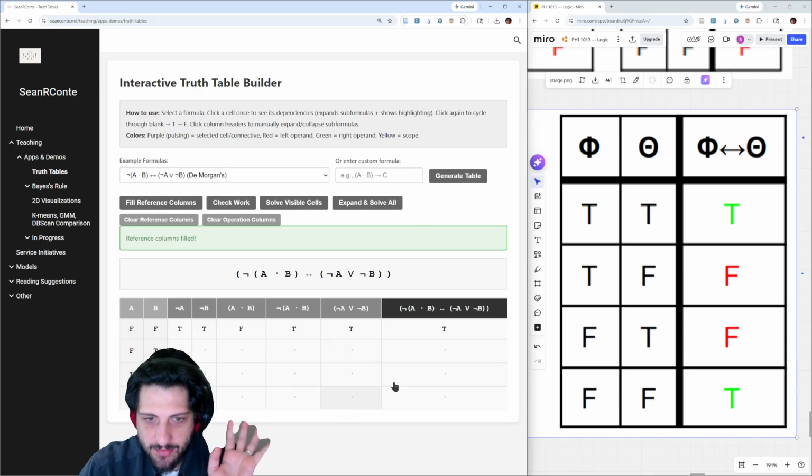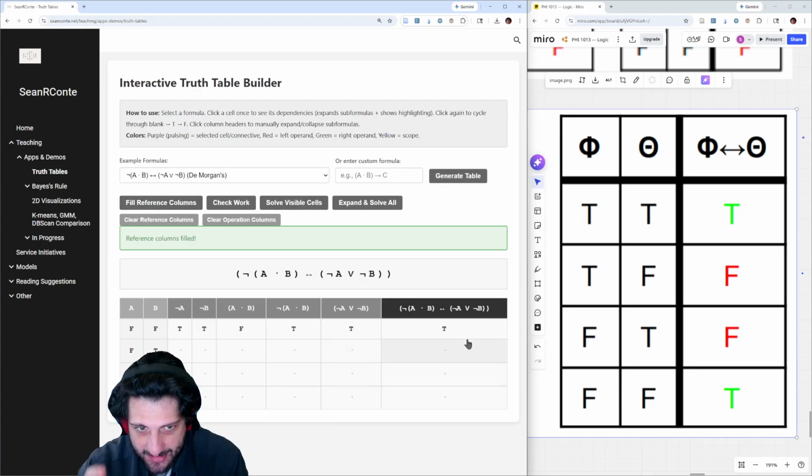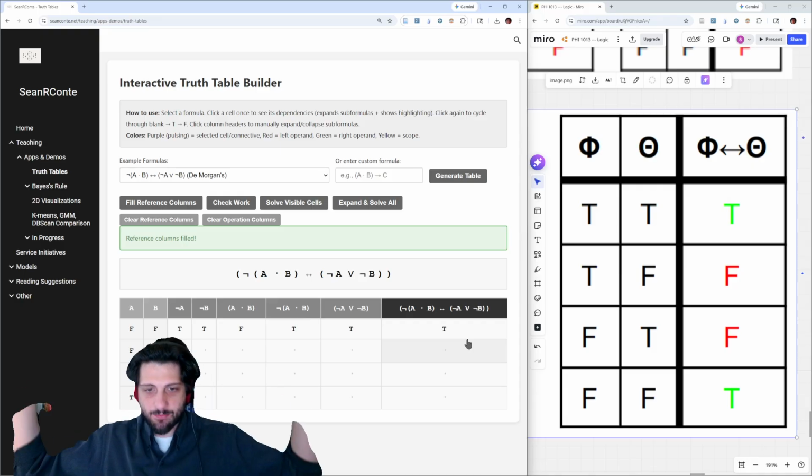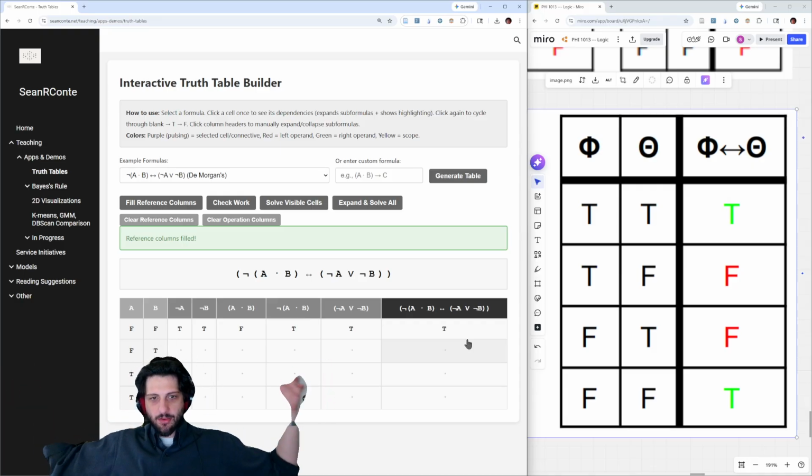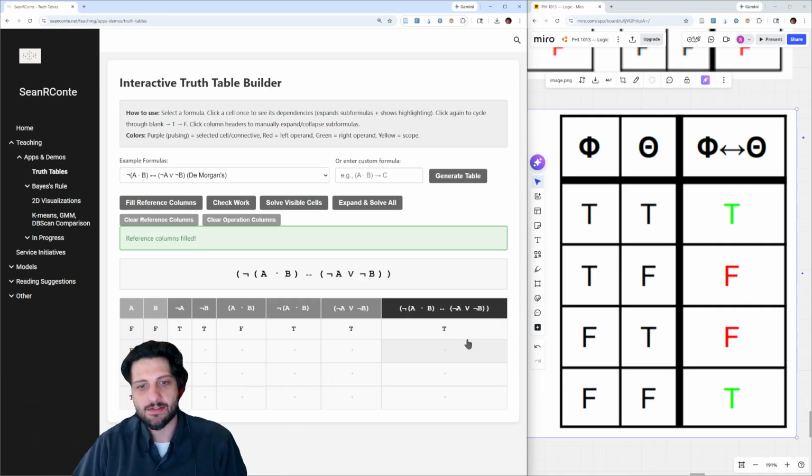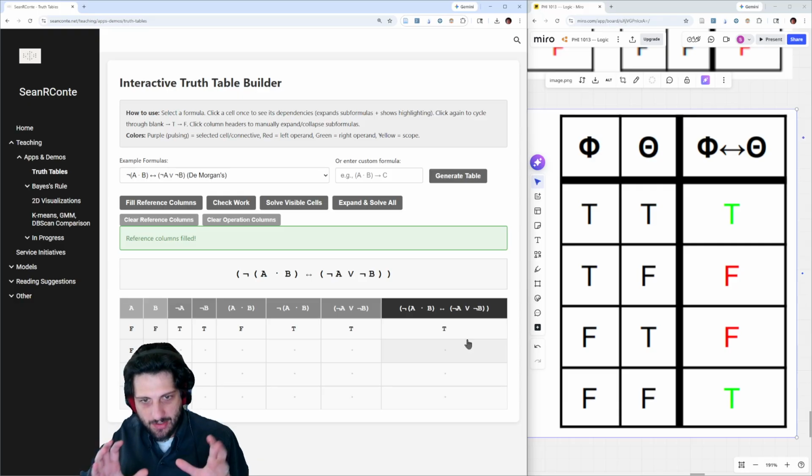So the reason why I'm choosing this example is to show you how these big sentences are nested operations, right? And when you're trying to figure out the value, you never want to think about two symbols at once.